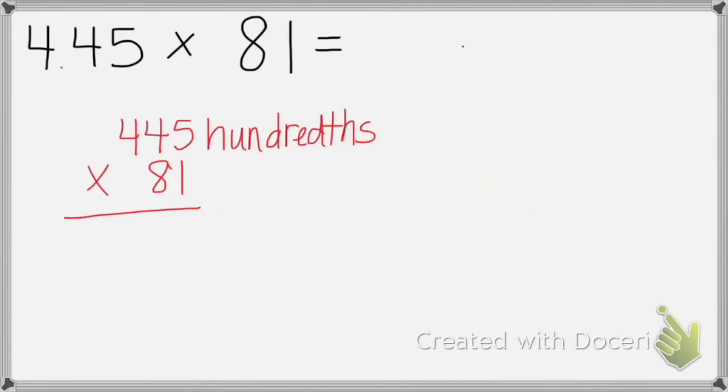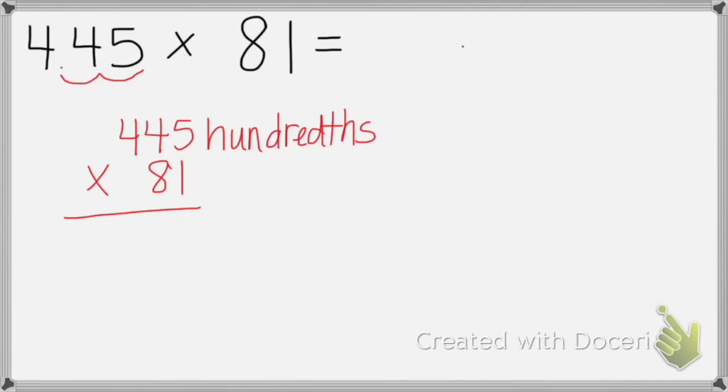Today's lesson, we're thinking about what I can do to this number to remove the decimal completely while I solve the problem, and then re-add the decimal at the end when I have my answer. So what I'm saying is, how can I get this to just become 445? What could I do to that number?